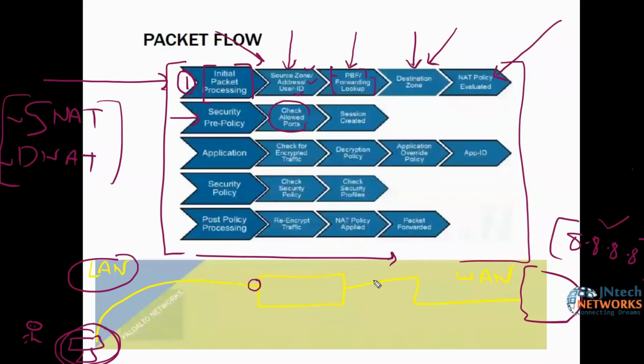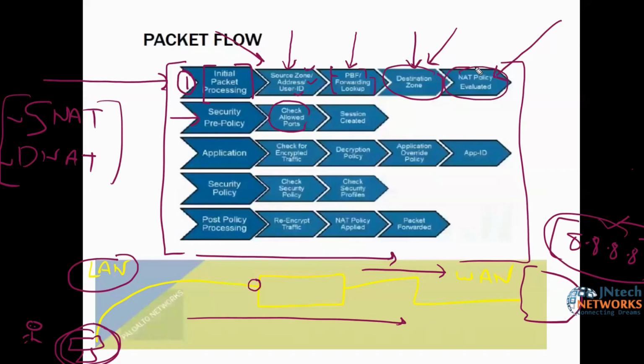For example, if you are trying to go to 8.8.8.8, the destination zone is WAN. So your firewall can identify the destination zone information. Then, as per your packet flow, traffic is coming from LAN trying to go to the WAN. Now the firewall will try to identify for this traffic whether there is any source NAT or destination NAT.